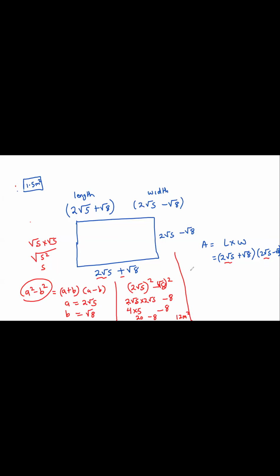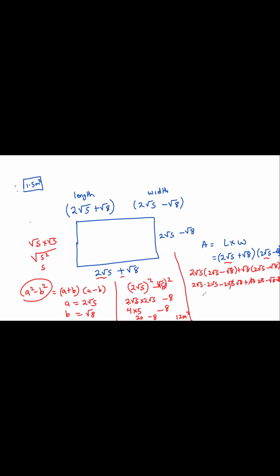You'd have said 2 root of 5 into 2 root of 5 minus root of 8, plus root of 8 into 2 root of 5 minus root of 8. When you open the brackets, you have 2 root of 5 times 2 root of 5, minus 2 root of 5 times root of 8, plus root of 8 times 2 root of 5, minus root of 8 times root of 8.